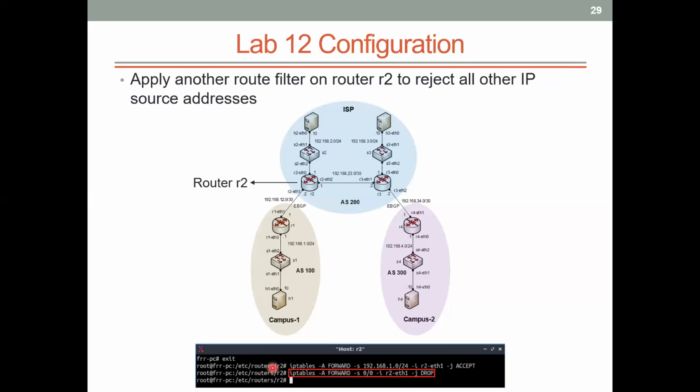This can be done using another command, which inserts another entry in iptables. Here 0/0 means all possible IP addresses coming from this interface will be dropped. So briefly, any packet that comes through this interface, R2-eth1, will go through these two entries. If it matches this source address, it will be accepted. Otherwise, it will be dropped. This is a sequential matching mechanism.